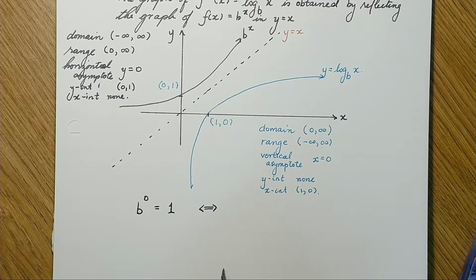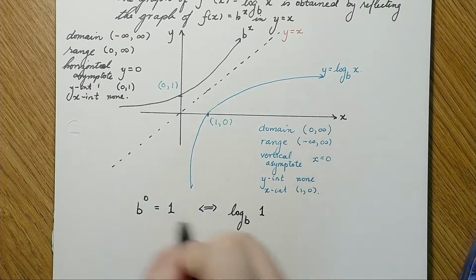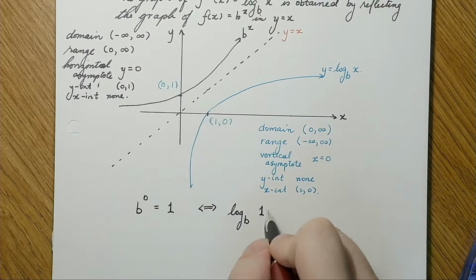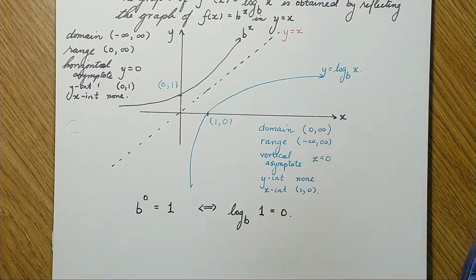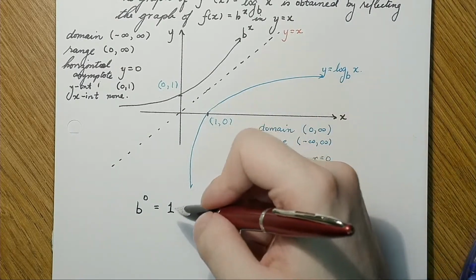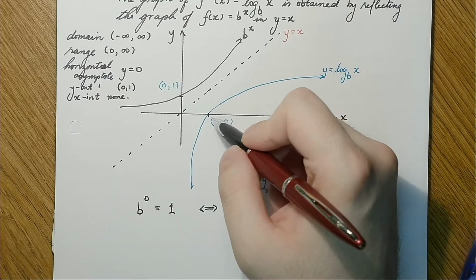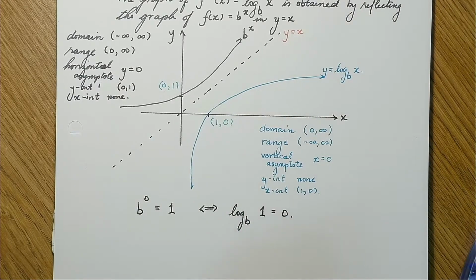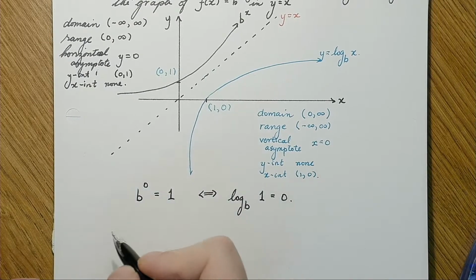What that means logarithmically, that the log to any base of 1, so again, I'm just switching the x and the y here, is equal to 0. So there's our function. Any logarithm base b of 1 is going to equal 0. So again, that's a quick question that can be asked on the exam. And so make a note of that.